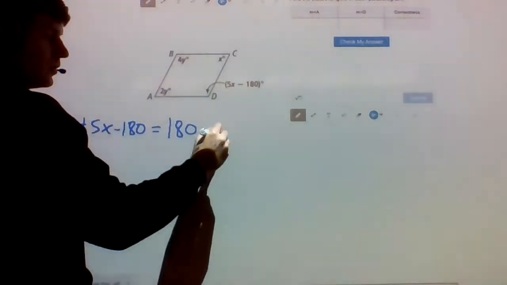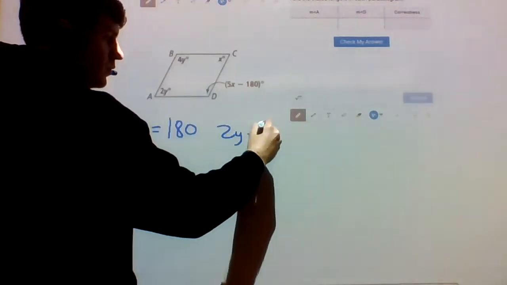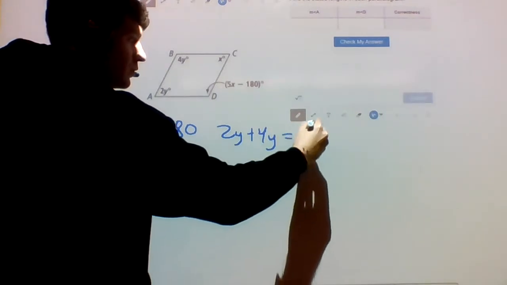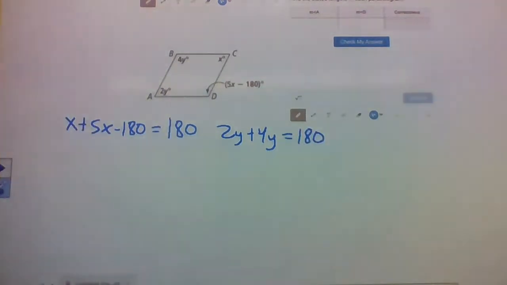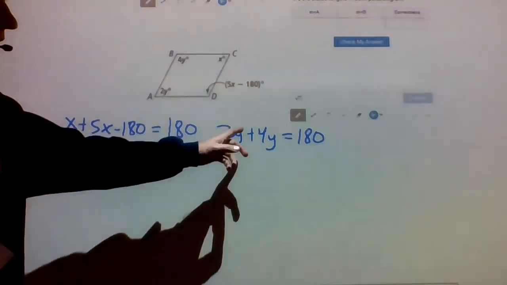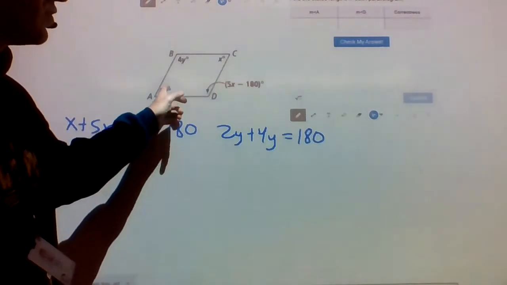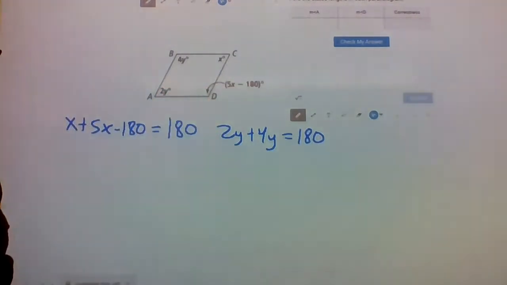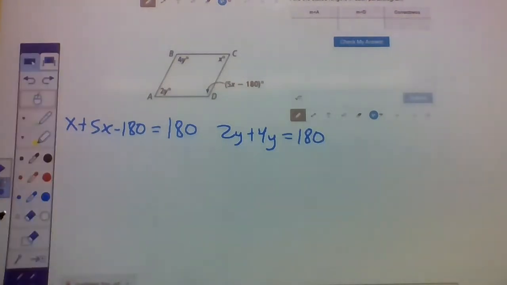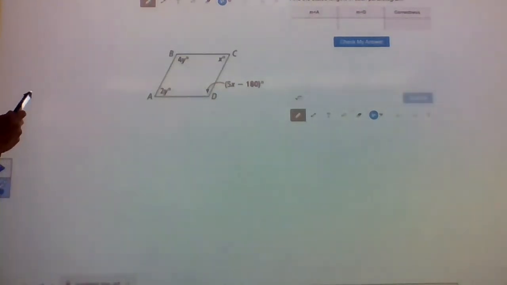We also know 2y plus 4y is 180. Then you can solve for x, substitute it back in, solve for y, substitute it back in to find the measure of angle A and the measure of angle D. And we'll leave you to do the rest of that.